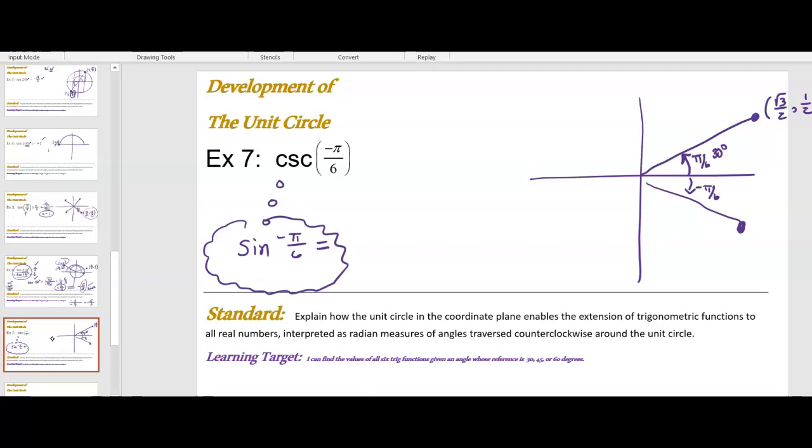If pi over 6 is in the first quadrant, then negative pi over 6 is in the fourth quadrant. So the only difference here is instead of root 3 over 2 up 1/2, it's root 3 over 2 down 1/2. So sine of negative pi over 6 is my y value, negative 1/2. So therefore cosecant is going to be the reciprocal, and the reciprocal of negative 1/2 is negative 2.